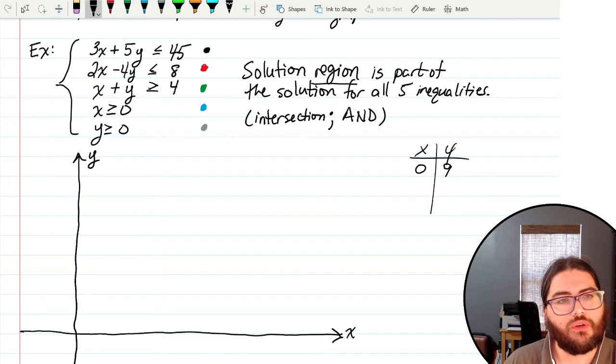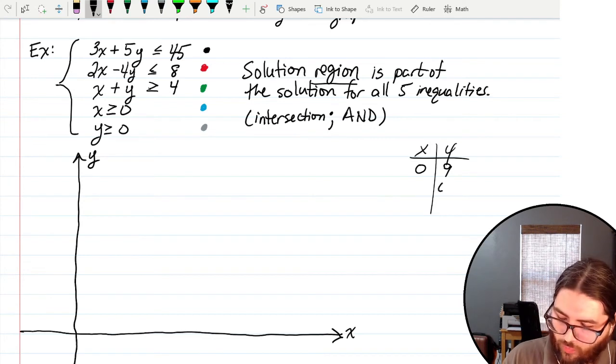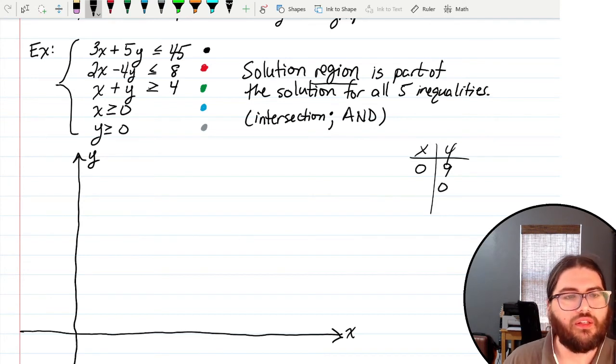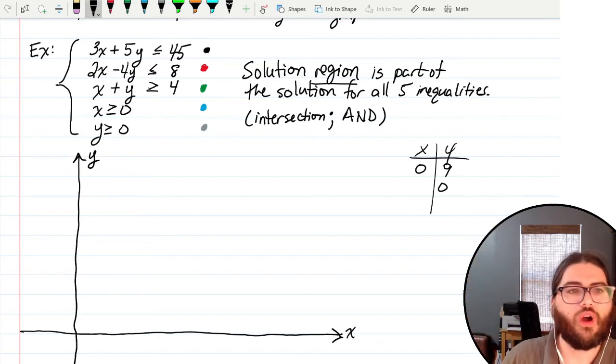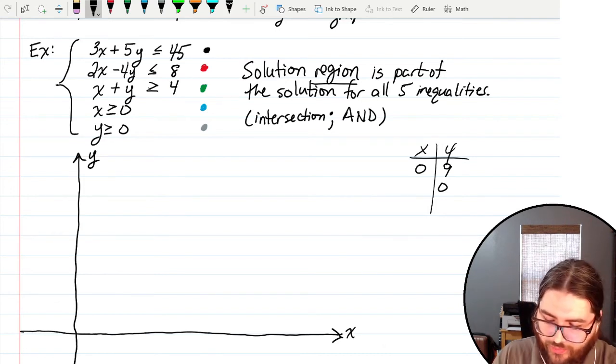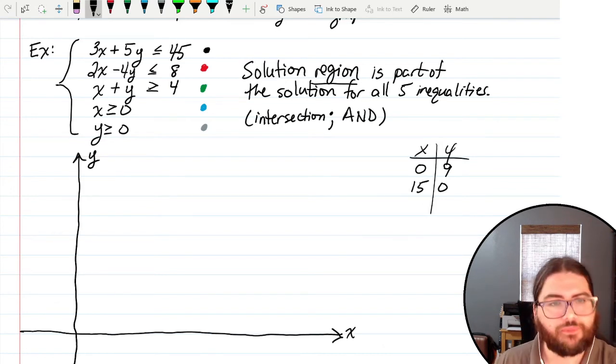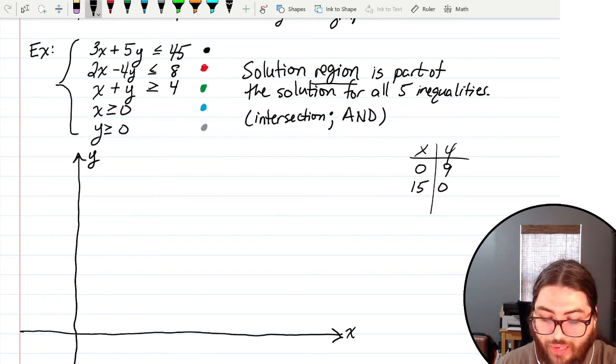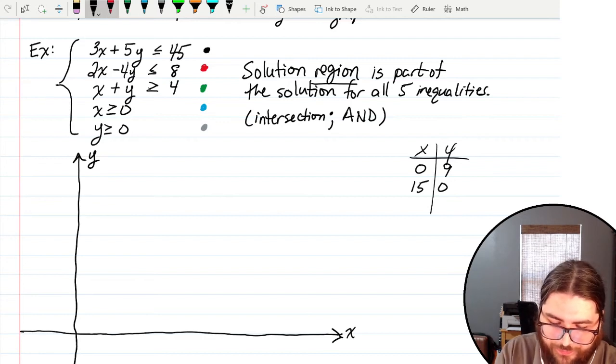If I plug in y equals 0, see how I can ignore the 5y term completely? I'm only looking at the x part. 3 times x equals 45. 3 times 15. Those are the x-intercept and y-intercept for the black inequality.